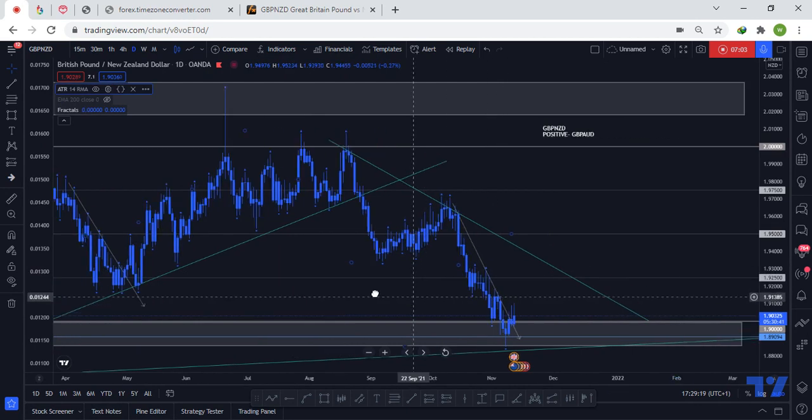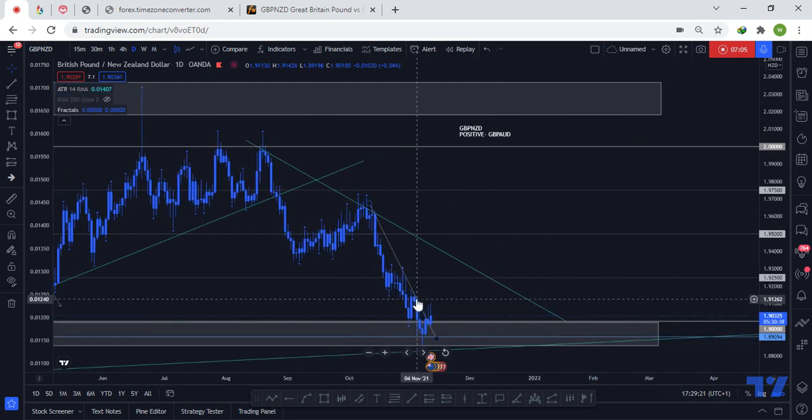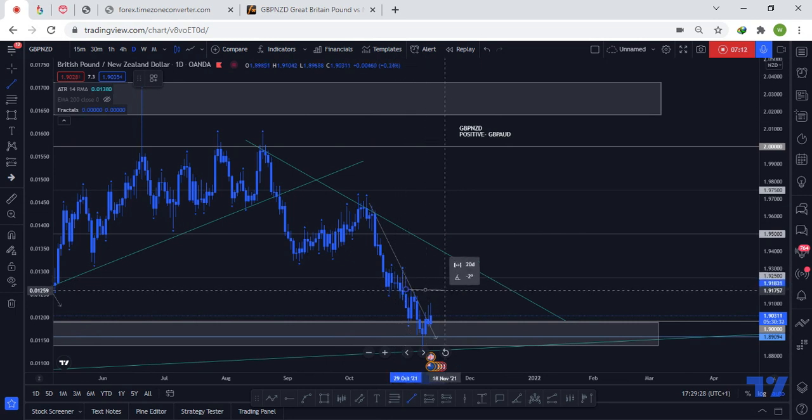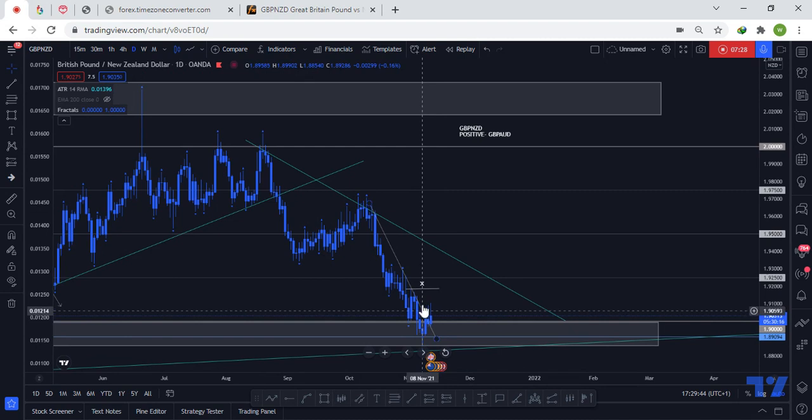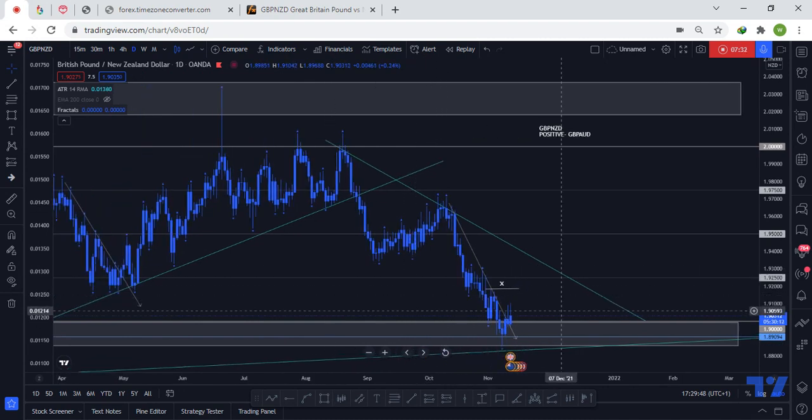I'll be looking to break a significant high, and this is my significant high here, before expecting any buy movements.